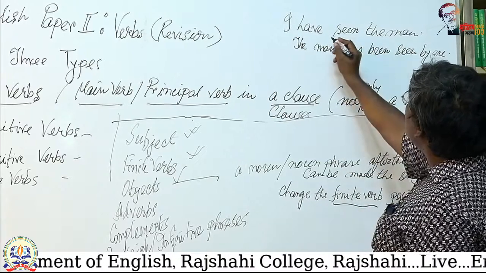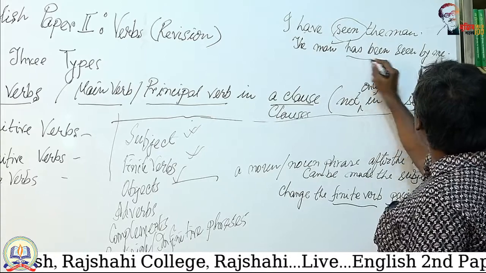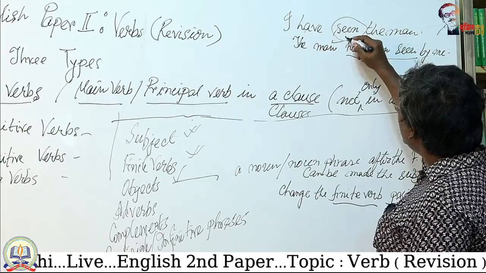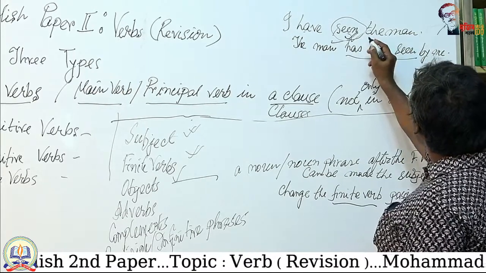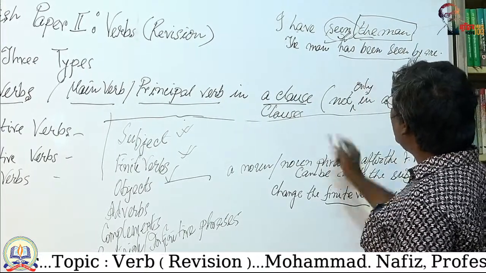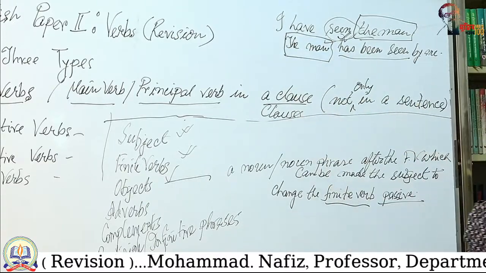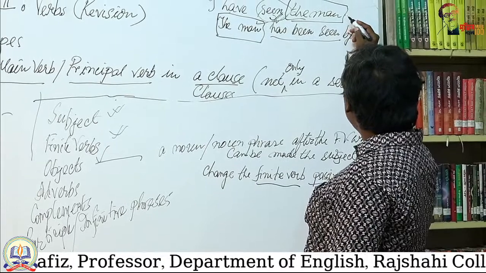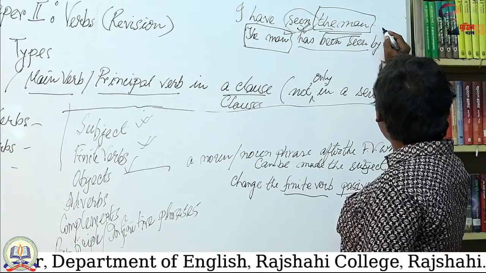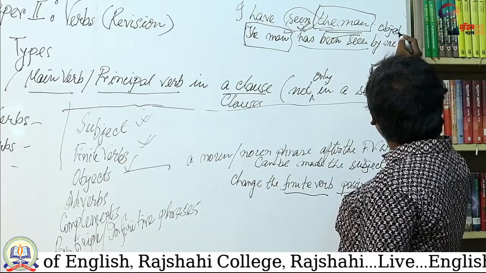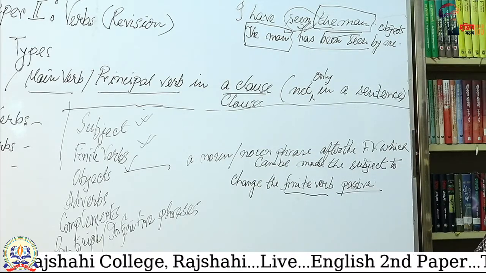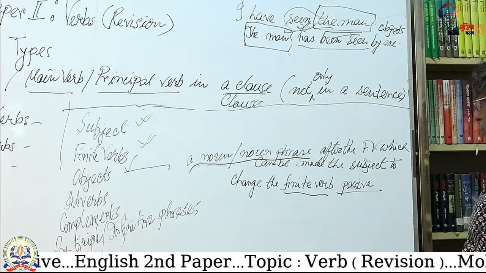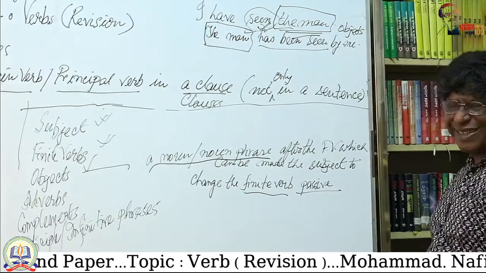Look, the finite verb seen is made passive, and when we make the verb passive, we have made the noun phrase the man the subject of the passive sentence. This type of nouns or noun phrases are called objects. I repeat, objects can be made subjects to make the sentence passive, and an object is always a noun or noun phrase. Thus, we have learned what is an object.